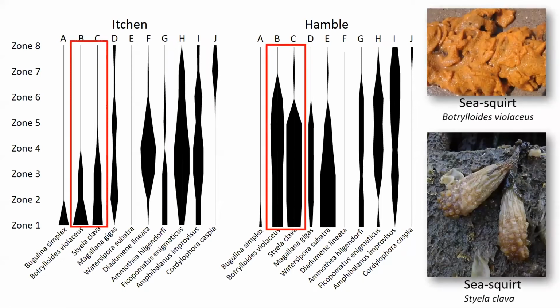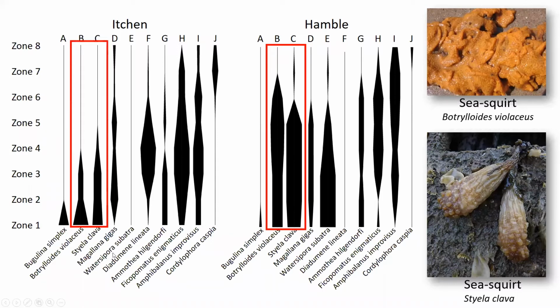Now, these are species which do occur in fully marine waters, so they are fully marine species, but they go up the estuary quite a way, longer than the moss animal I showed first. But there's a difference really between the Itchen and the Hamble in the extent to which they go up the total length of the estuary.